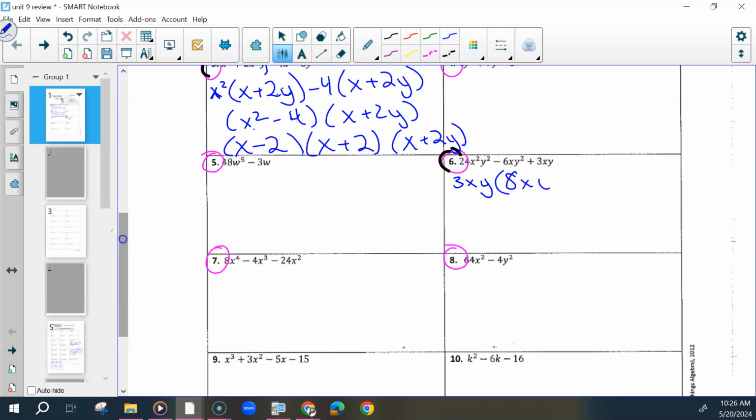Xy minus 2y plus 1. Now, what's left is still a trinomial, but the first term is not squared, so I cannot do anything with this. It's not one of our trinomials we can factor. That is it.